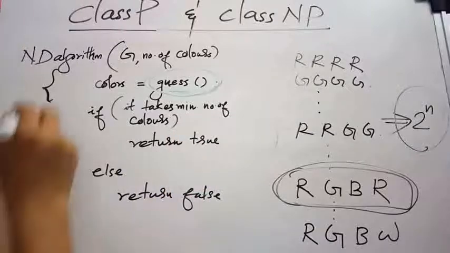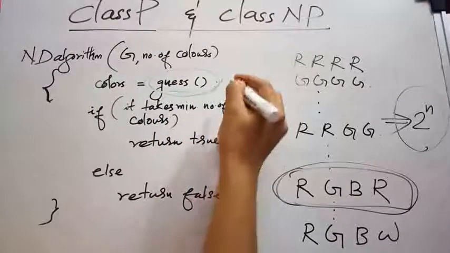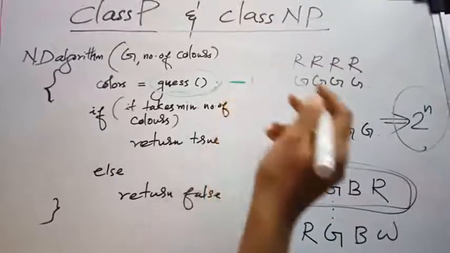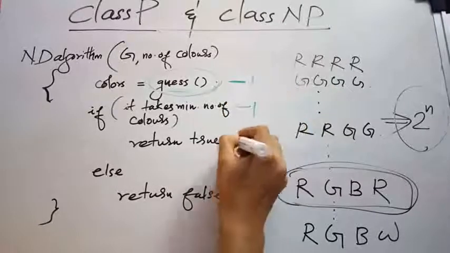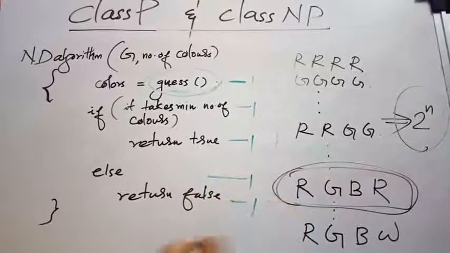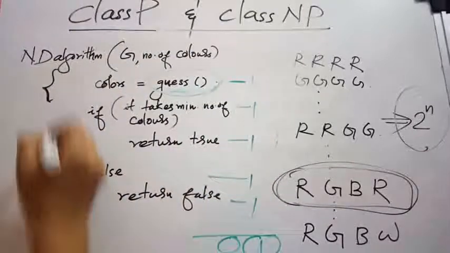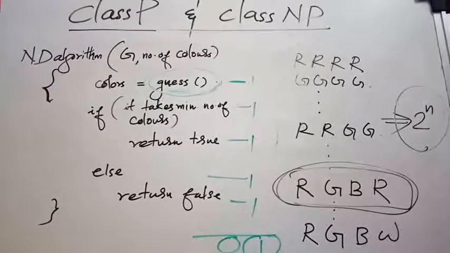If we analyze the complexity of this algorithm, we can say that it takes only one time, right? The number of basic operations is 1, again 1, again 1. So in effect the complexity is constant, which is polynomial. Here we are actually verifying the solution, right?